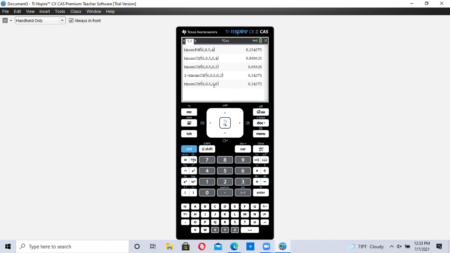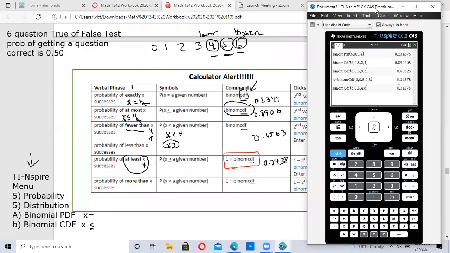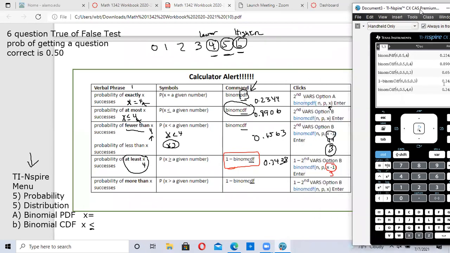The lower boundary is 4 and the upper boundary is 6. So there's 2 ways of going about that. Me personally, I wouldn't use 1 minus. I would try to stick with the lower and the upper boundary as long as you understand what the lower and upper boundary is. So let's do the next one, trying to understand what the lower and upper boundary is.